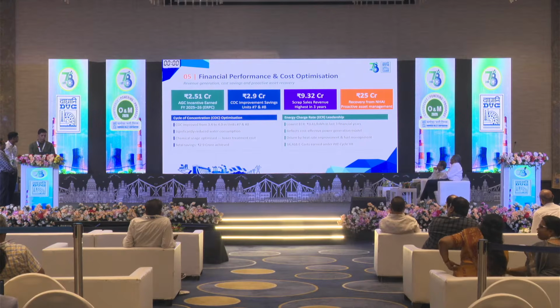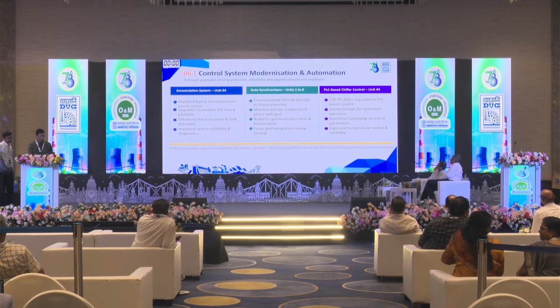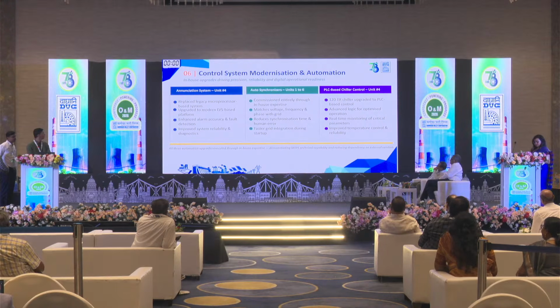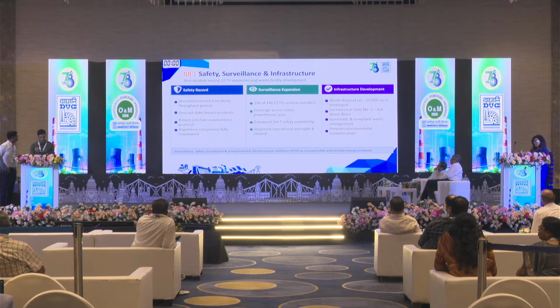This significantly reduced the water consumption, and chemical usage was also optimized. Also, scrap sales and recovery from NHAI saw significant revenue generation for MTPS. Control system modernization and automation was also achieved in MTPS. Due to the paucity of time, I would like Kishlay sir to conclude the slides.